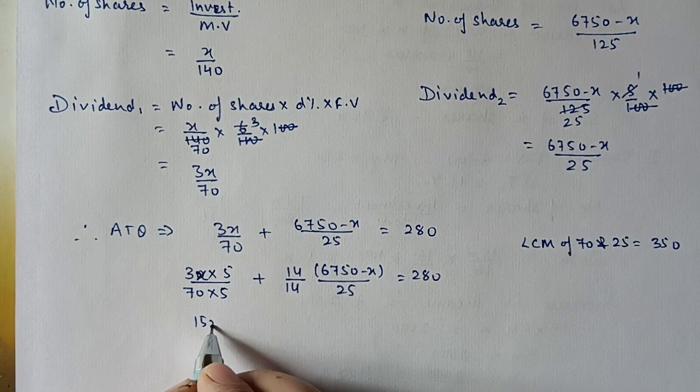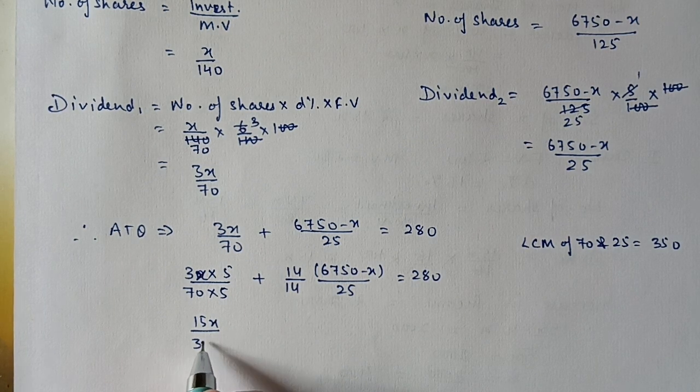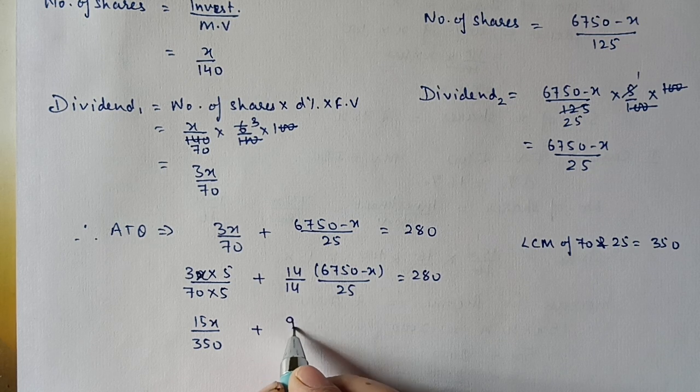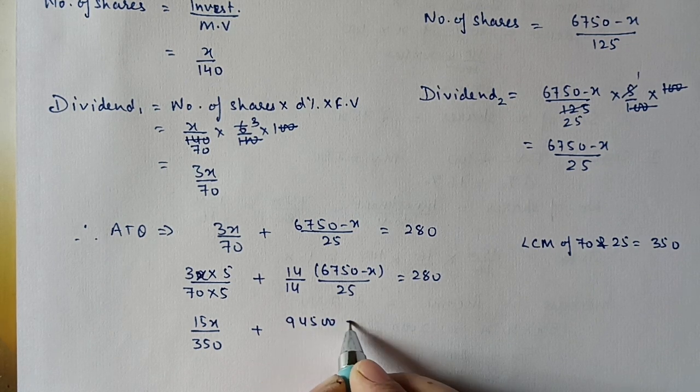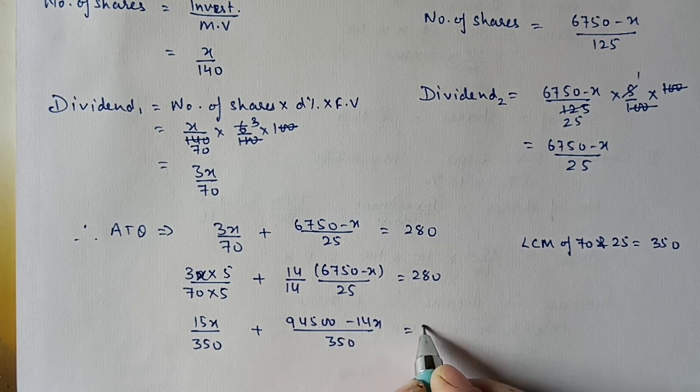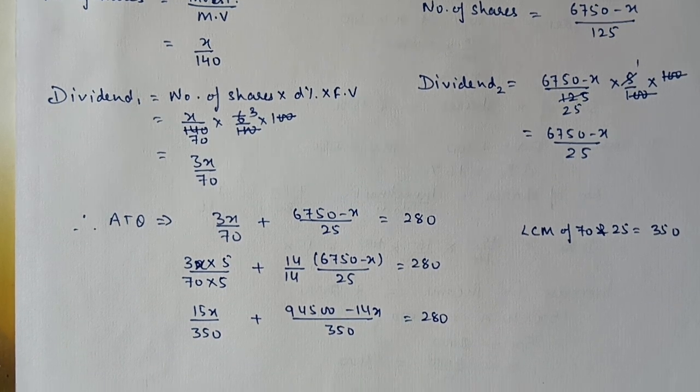So 15x upon 350 plus 94500 minus 14x upon 350 equal to 280.